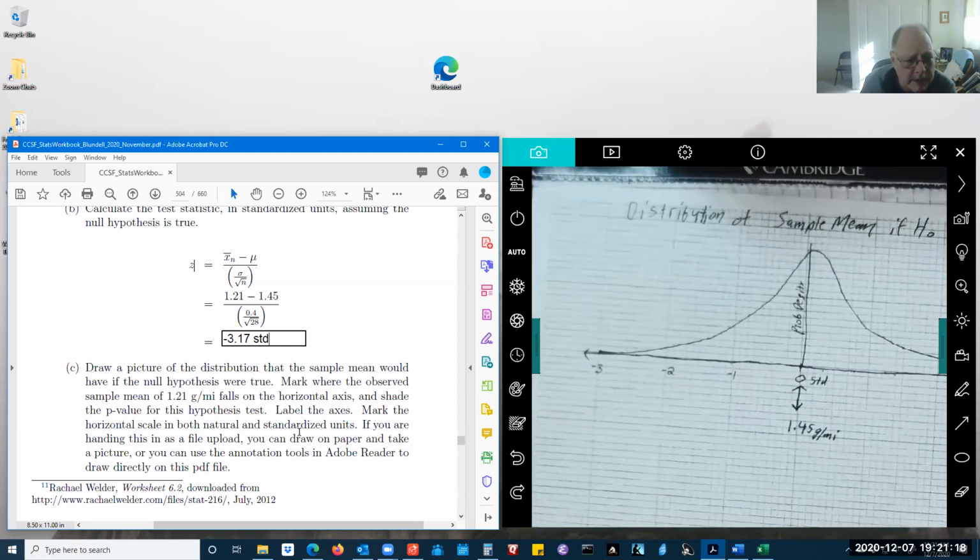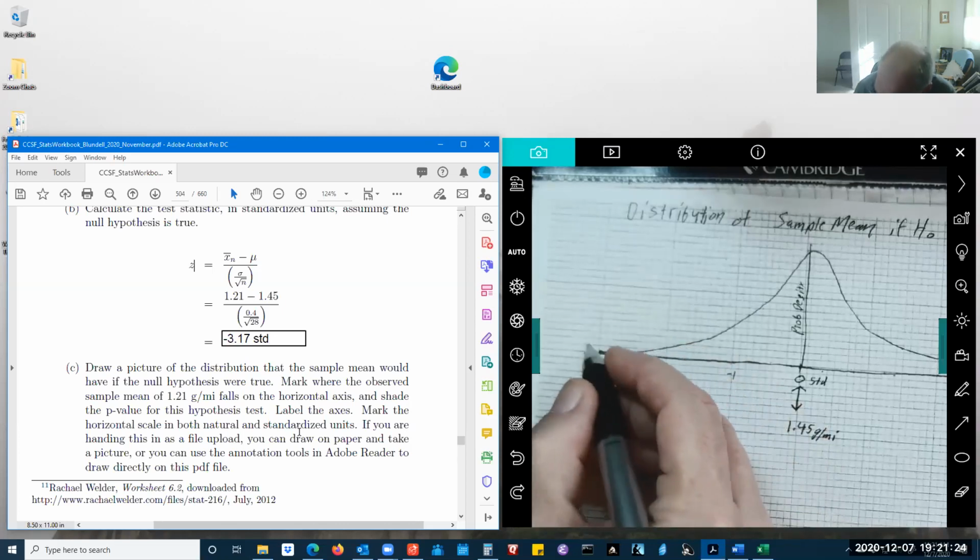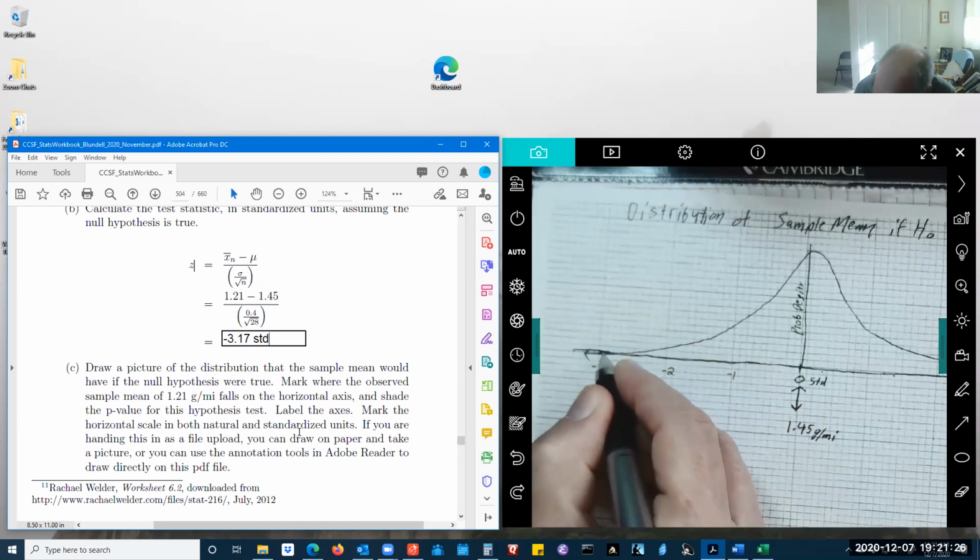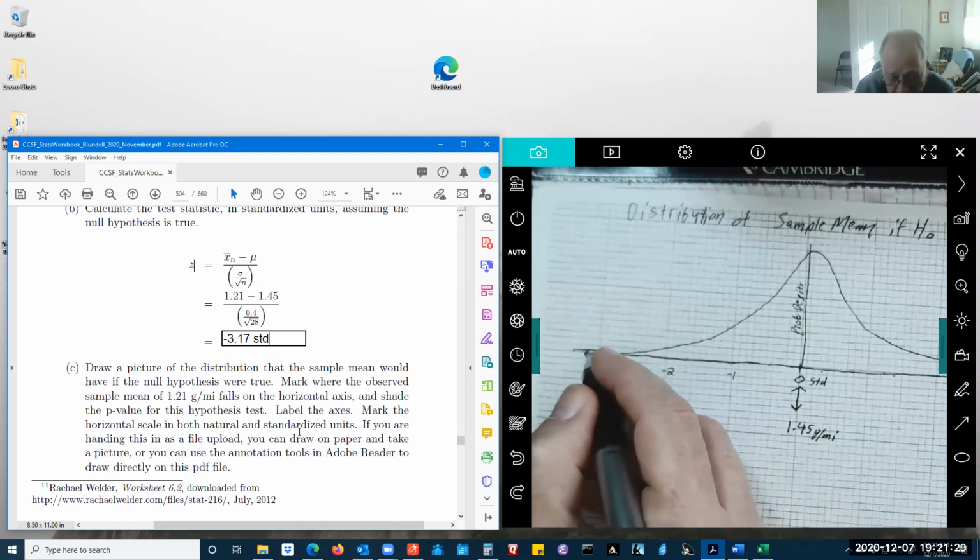Ours was at 1.21 grams per mile, or way back here at -3.17 STDs. So here's -3.17 right here.